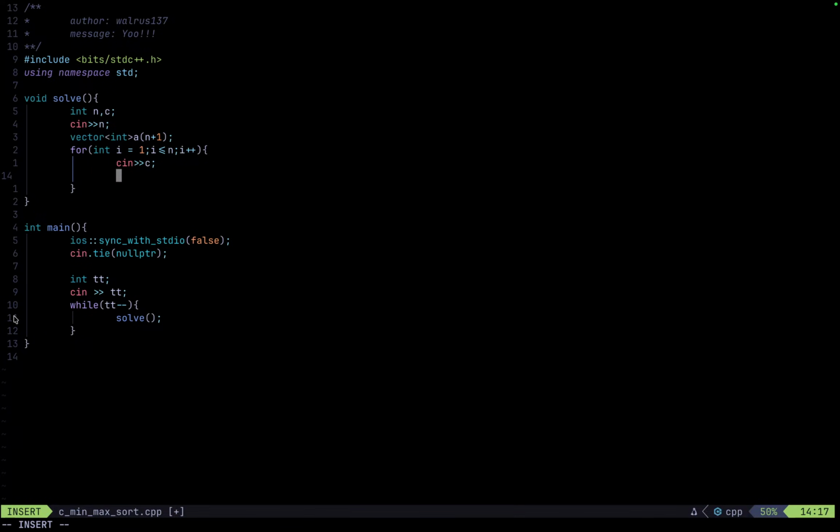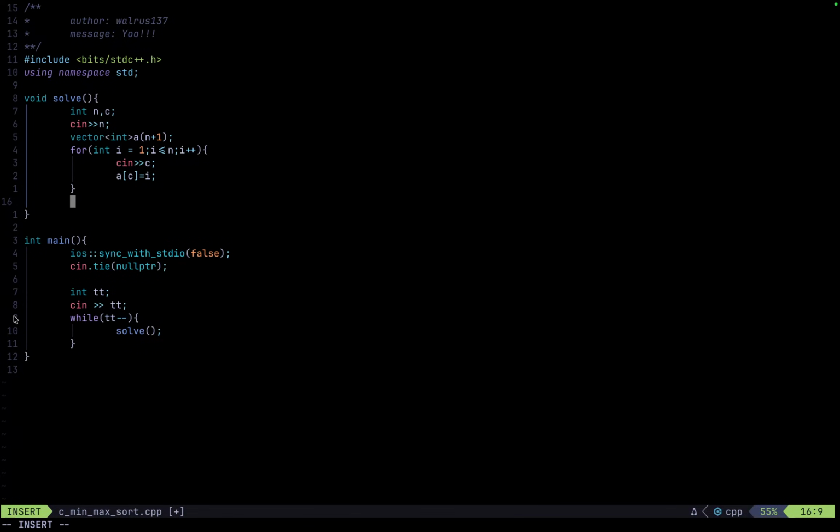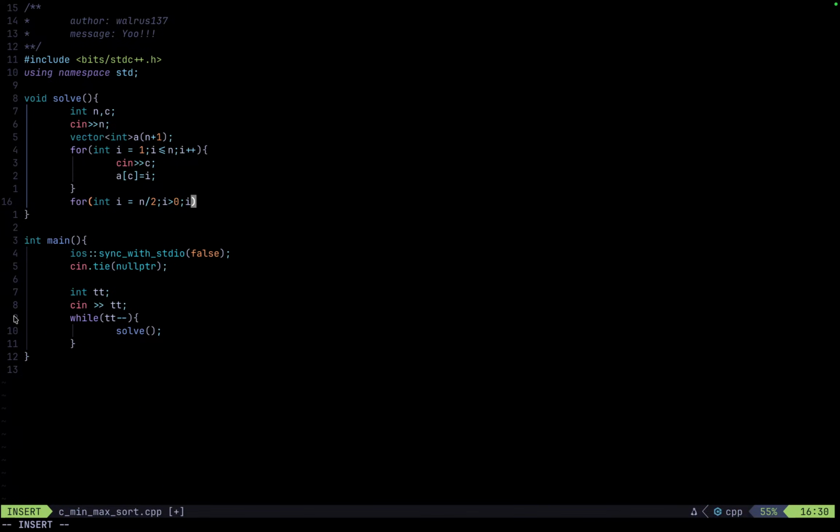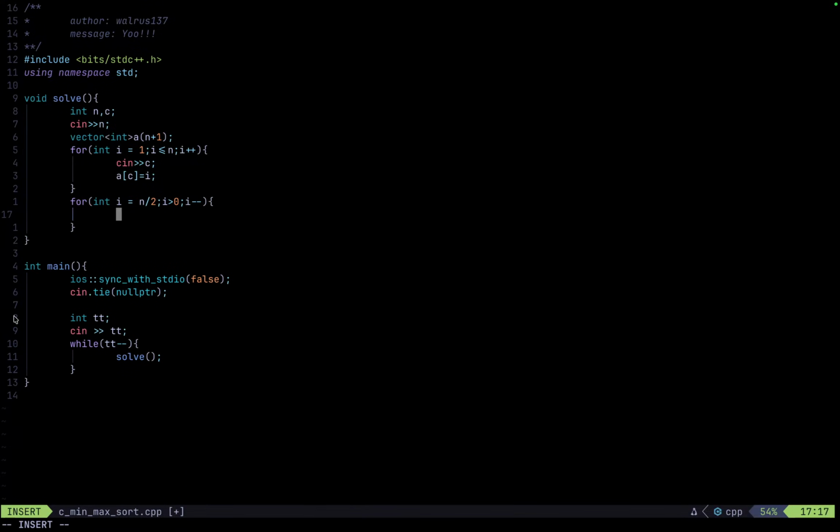We will store their indexes, so a[c] equals i. Okay. We will begin from the innermost pair. The innermost pair would be: int i begins from n by 2 till i greater than 0, i minus minus.